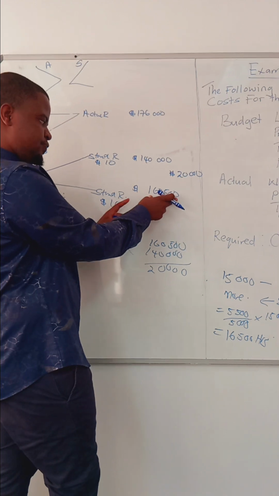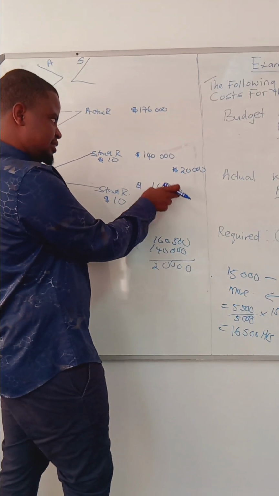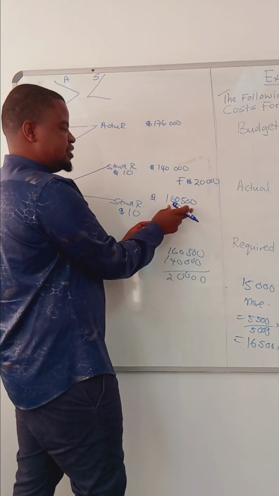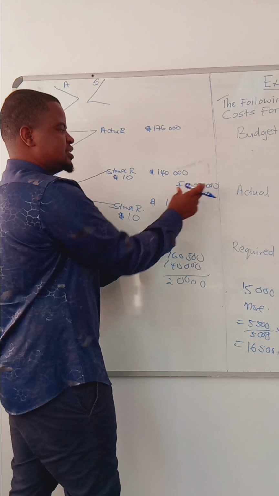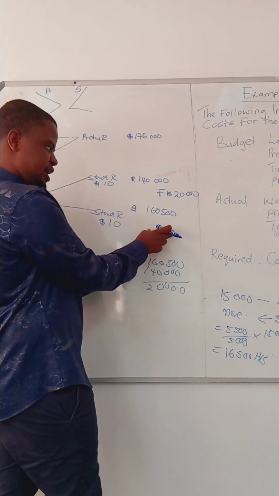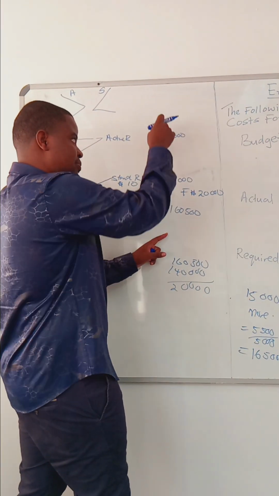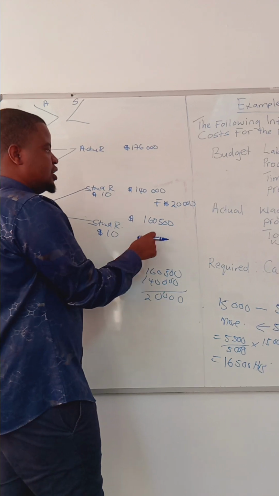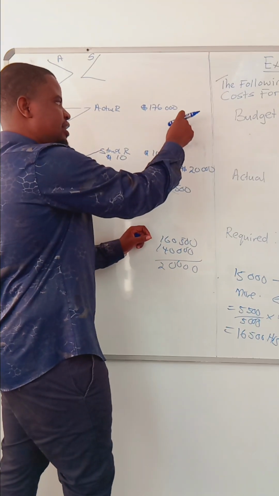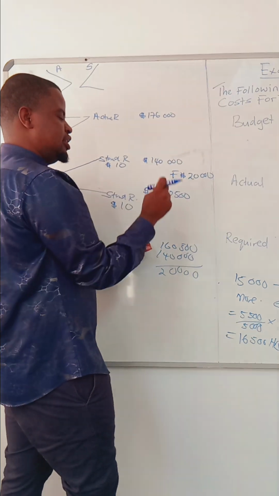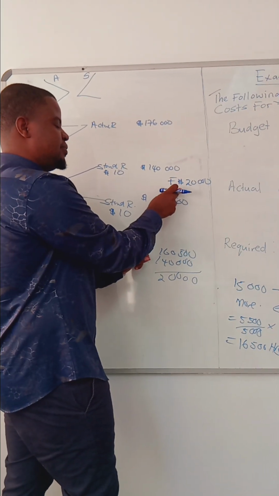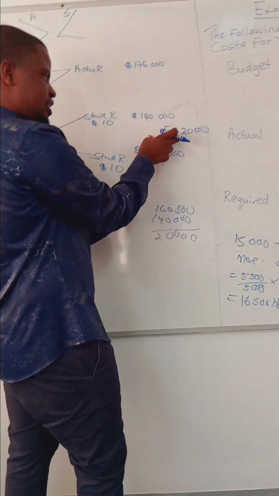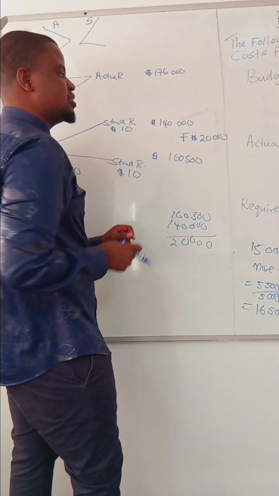If you calculate this minus this and you get a positive, it means it is favorable. But if you get a negative, it means it is adverse. So you use the bottom-up method. But if you use the top-to-bottom method, a favorable amount would be negative. With this approach, a positive amount means favorable.